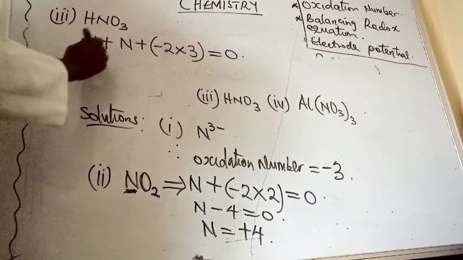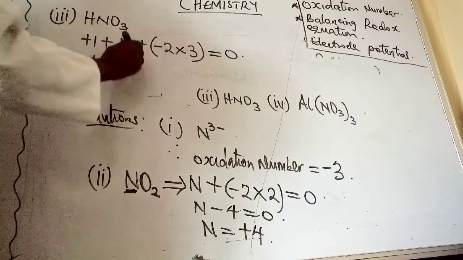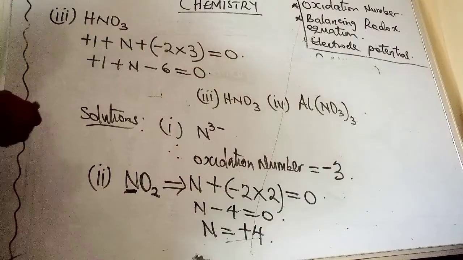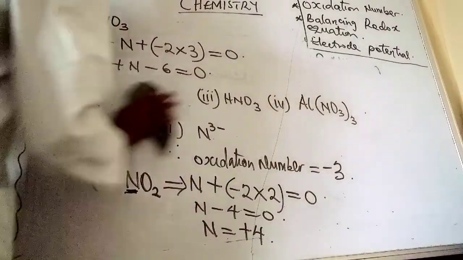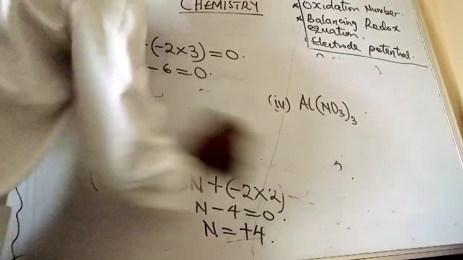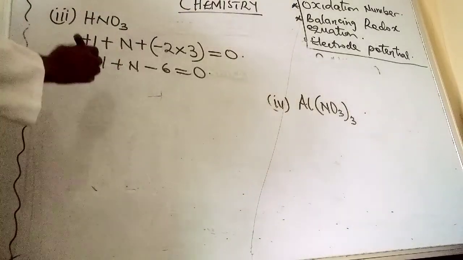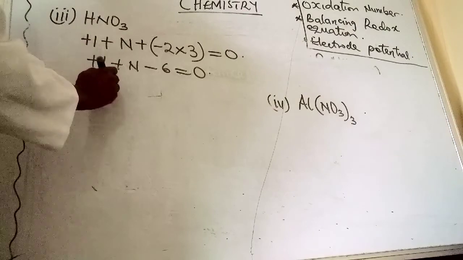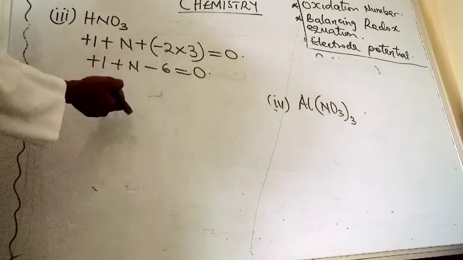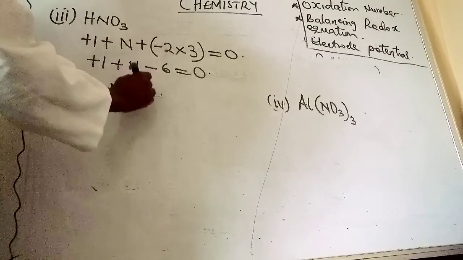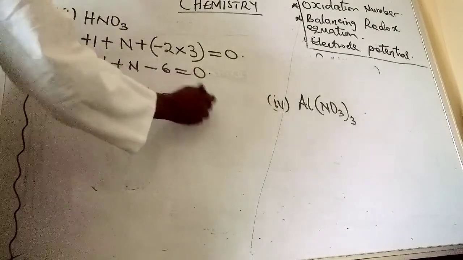So we have +1 plus n minus 6 equals to 0. +1 minus 6 gives -5. So we have n minus 5 equals to 0.